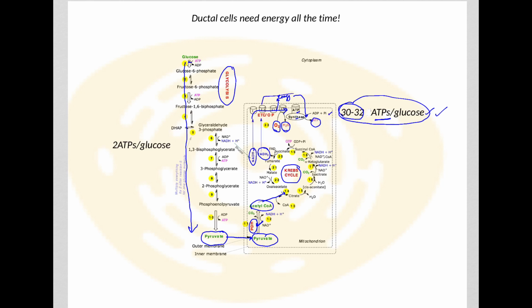So let's just call this system here the oxidative phosphorylation system, or OXPHOS. So going through this route will give the epithelial cell about 30 to 32 ATPs per glucose.